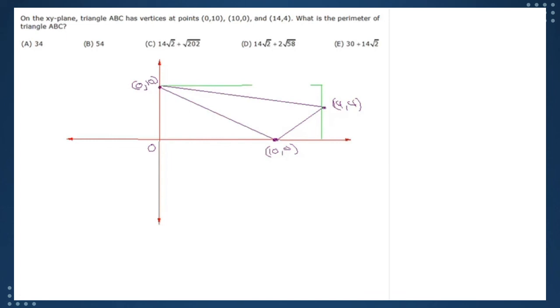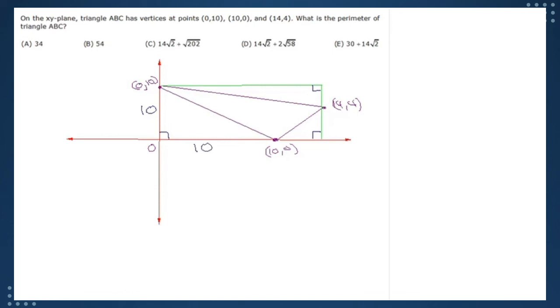And I'll put little right triangle signs so you can see the right triangles. So what we're basically going to do is use the Pythagorean theorem to come up with the size of each one of these triangles. Let's start with something easy. We have a 10, we have a 10.